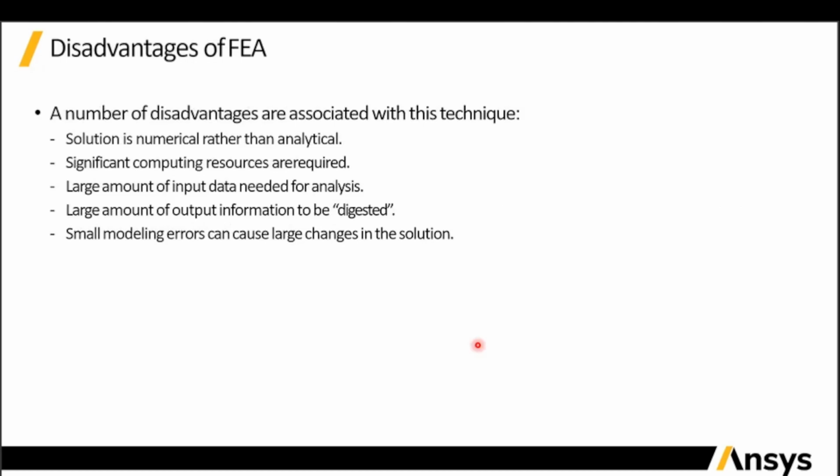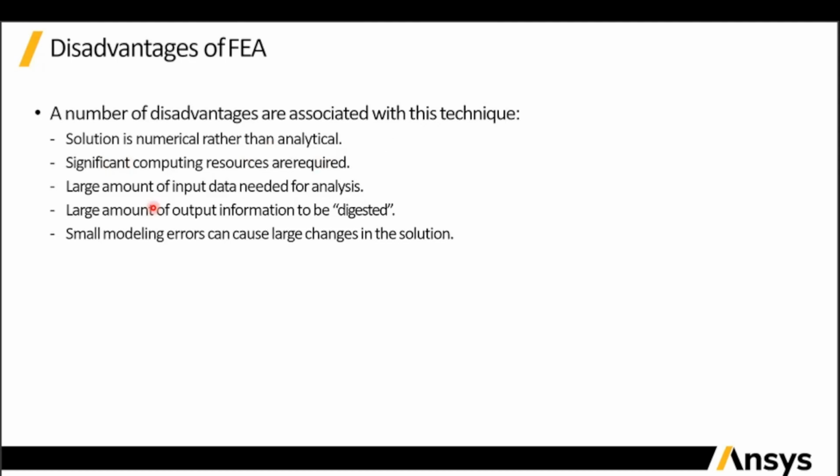But you now know how you can improve the accuracy of your solution, by adding more elements. You can make it more accurate by making a good mesh. Then, significant computing resources are required. You need a good computer for working on FEA.